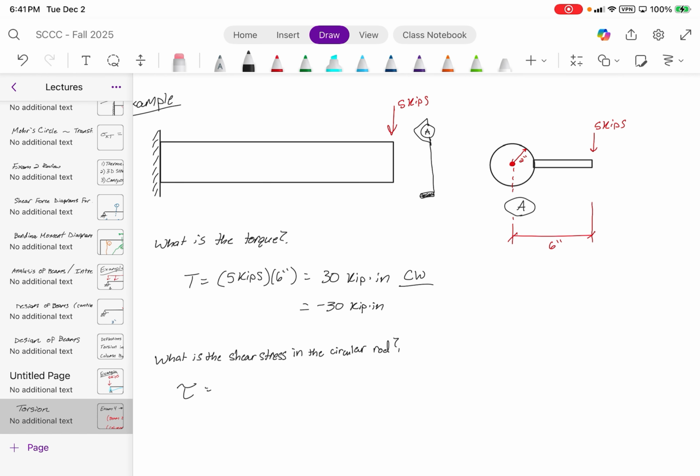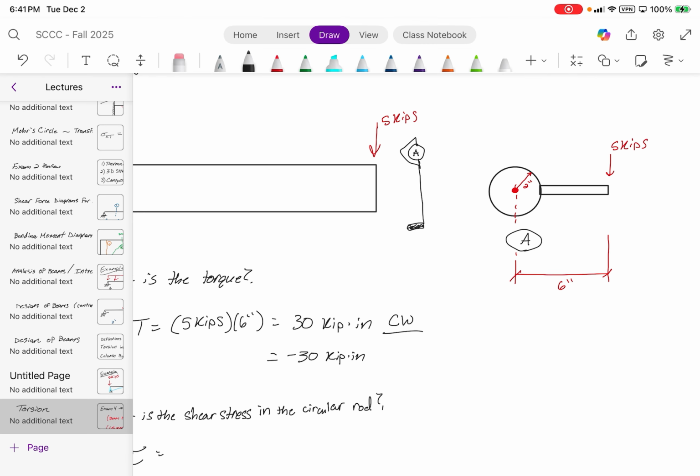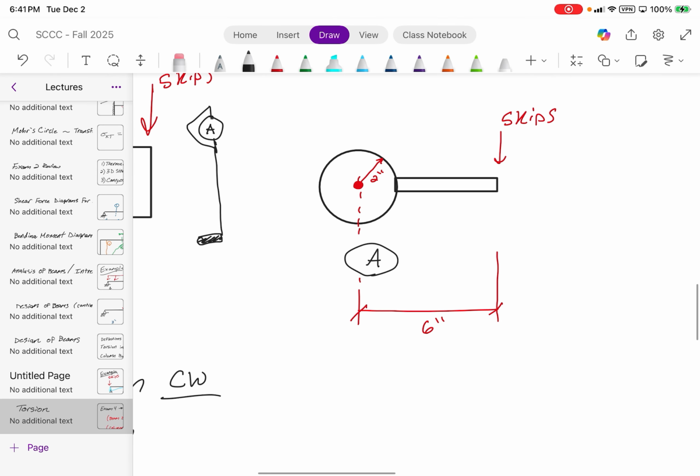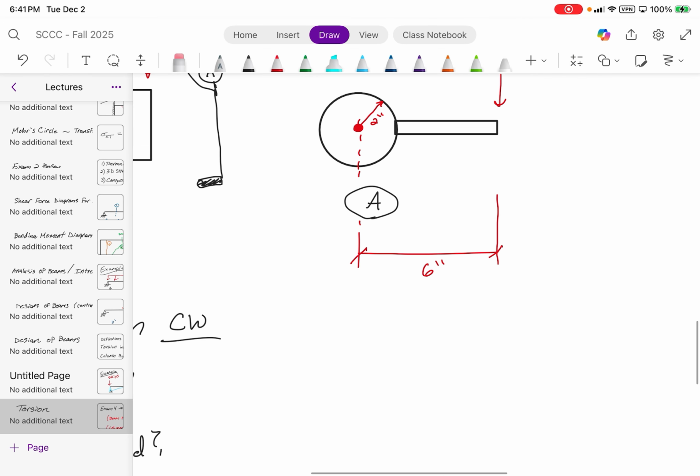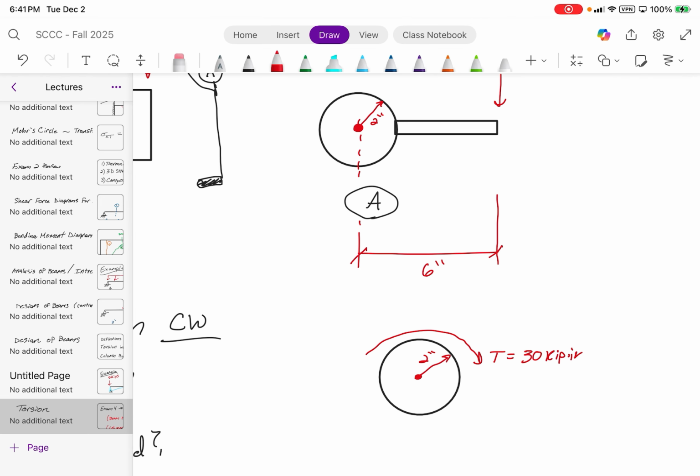It's 2 inches. So here's the thing. When you're calculating a torque, another way of thinking of this is this now equivalent system basically becomes this. You have the rod here, this is 2 inches, and then this torque becomes 30 kip inches.